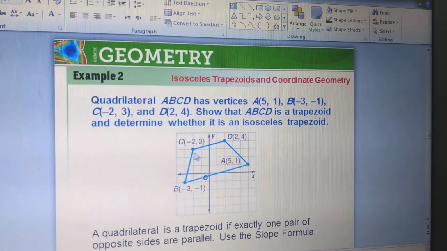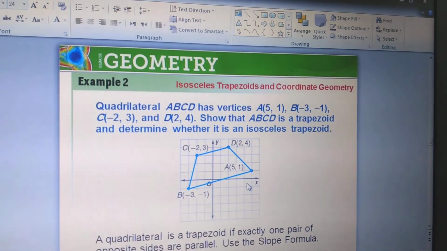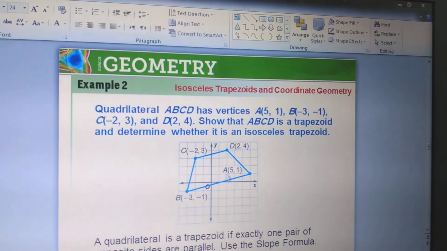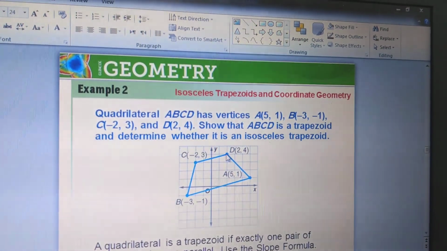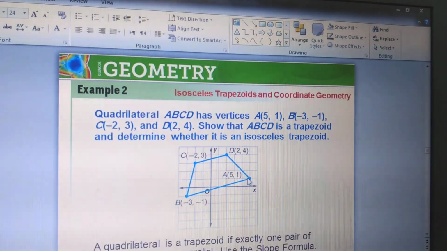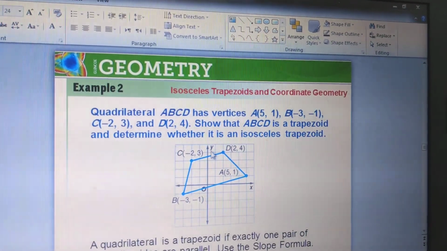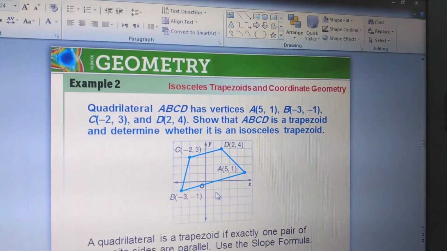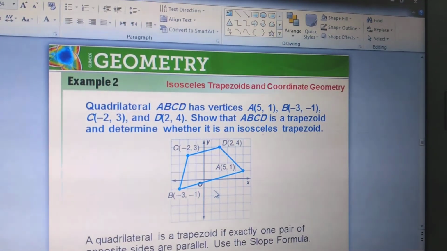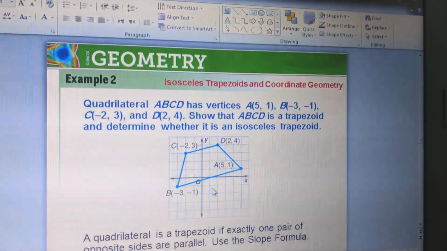I use this rule to find the slope of CD and the slope of AB. When you find the slope of CD, then you find the slope of AB and you get the same slope, this means the two segments are parallel. When lines or segments have the same slope, they are parallel. We studied this before many times.